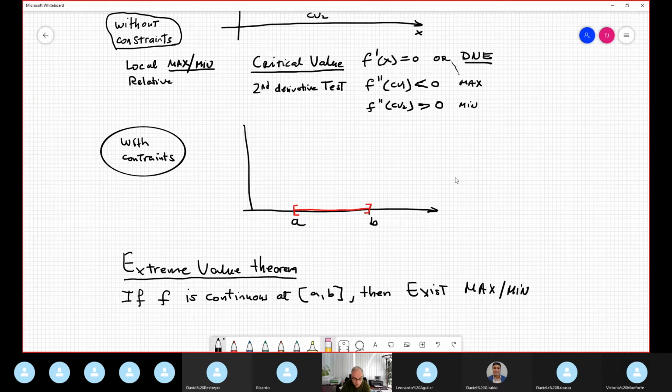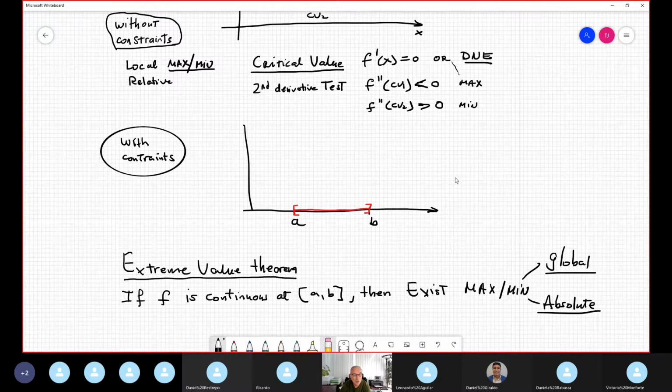But in this case, we are talking about not local but global, also called absolute. They're synonyms. For example, here we are talking about local or relative, and this is global or absolute.